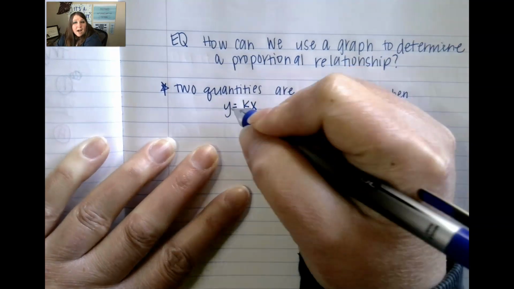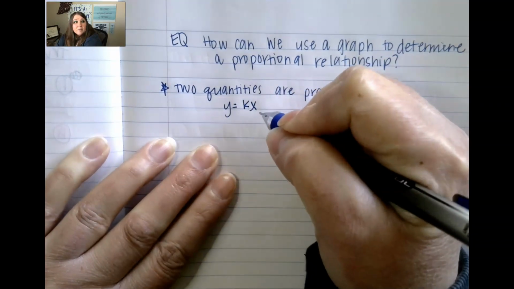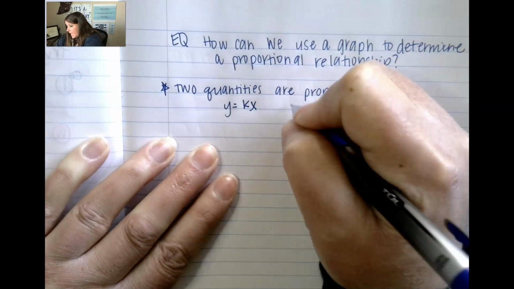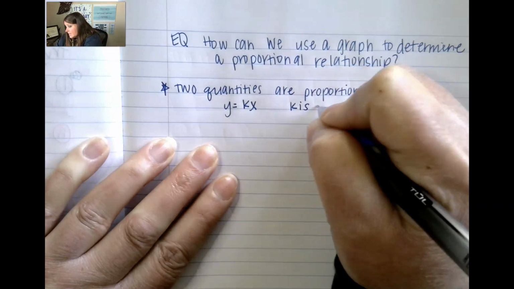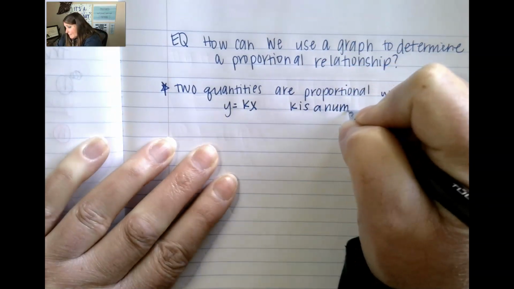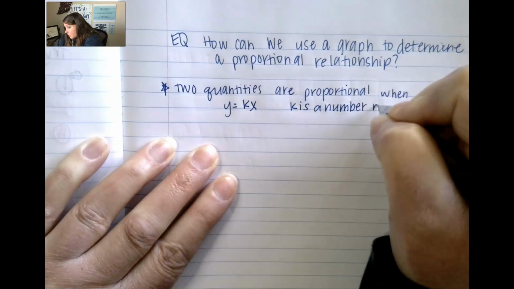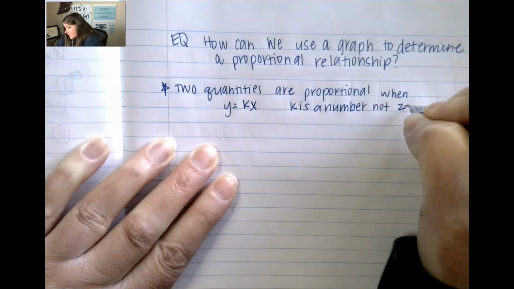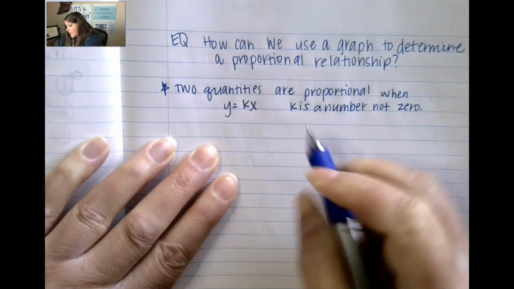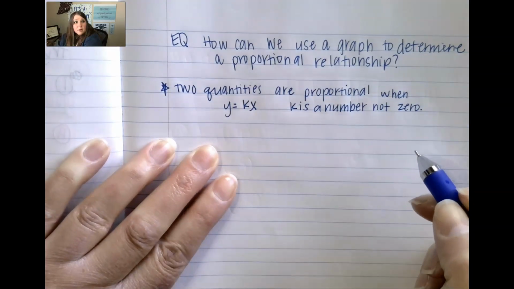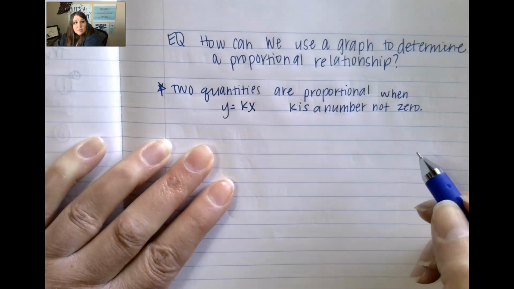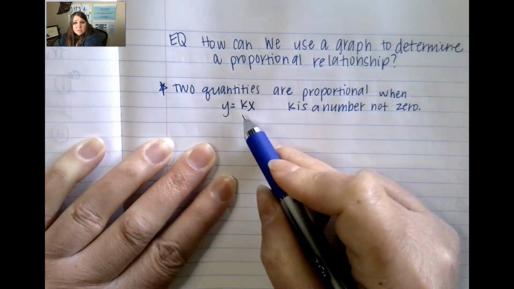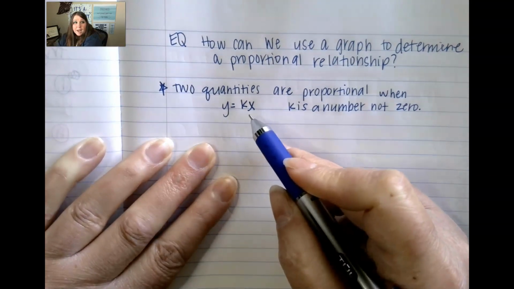So when y equals k times x, k is a number, not 0. Okay, so k cannot be equal to 0, and the k is going to be used as a multiplier.